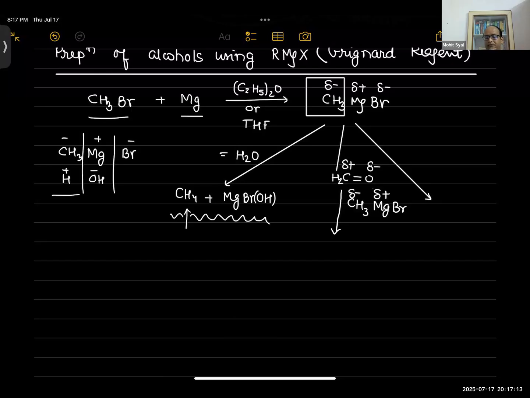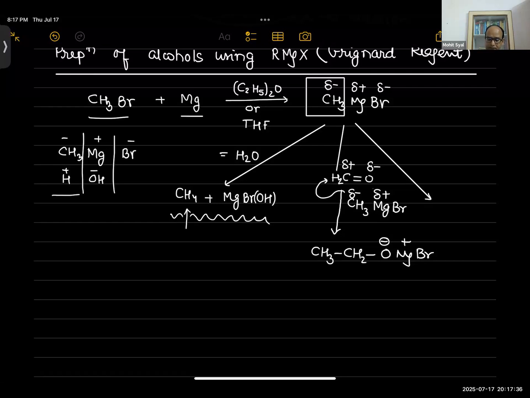We get CH3, CH2, plus MgBrO. Does that exist? Yeah, MgBrO. Exactly. CH3, CH2, this O will become minus and MgBr is plus. Right. Very good.